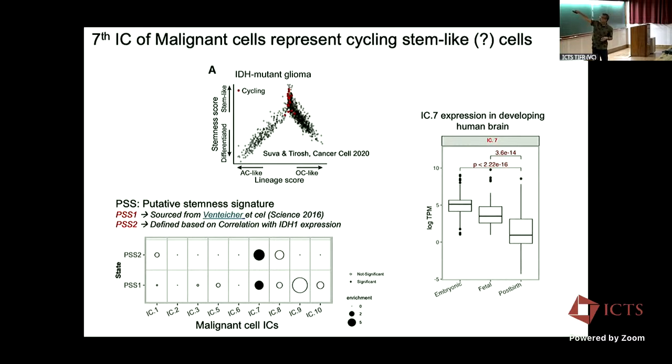We also check embryonic and fetal and post-birth human brain data sets, and we show that IC7 has the highest signature in embryonic and goes down in the adult brain. So there are multiple lines of evidence for us to believe that IC7 is indeed likely IDH mutant glioma stem cells. Okay? Just to show you an example of how we go about interpreting things. This is a good example. We don't get this lucky more often.